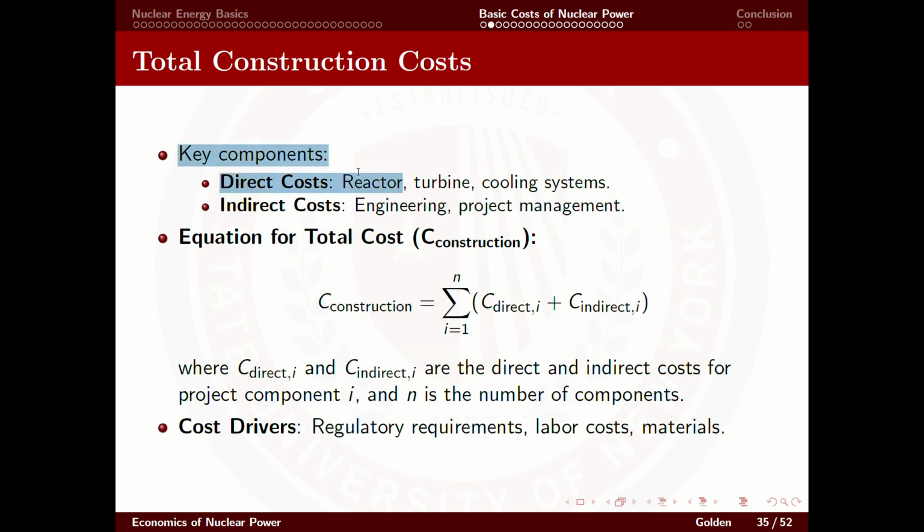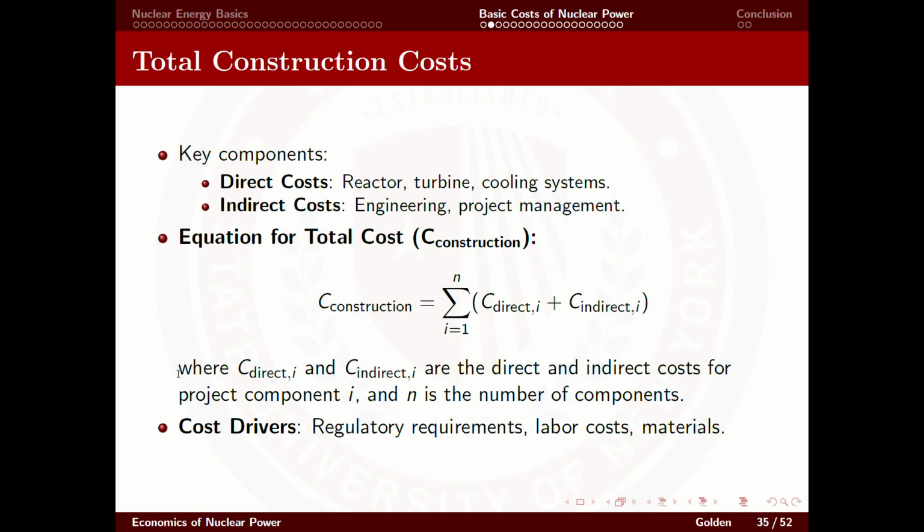And then you have total construction costs, with key components: direct costs, such as the reactor, turbine, and cooling systems, and indirect costs, such as engineering and project management. The equation for the total cost of construction is the sum over i of direct costs plus indirect costs. Or sorry, not the period.